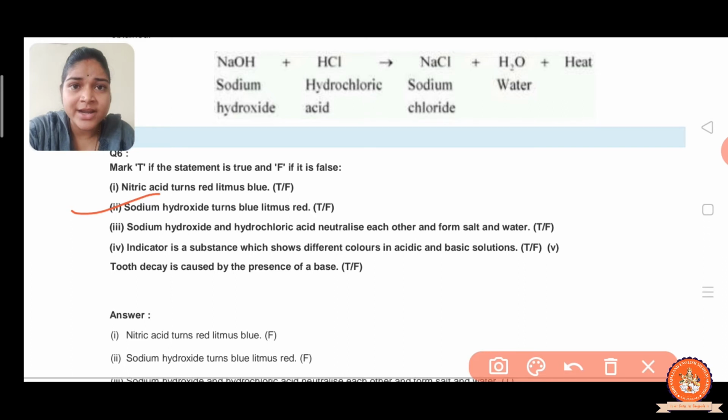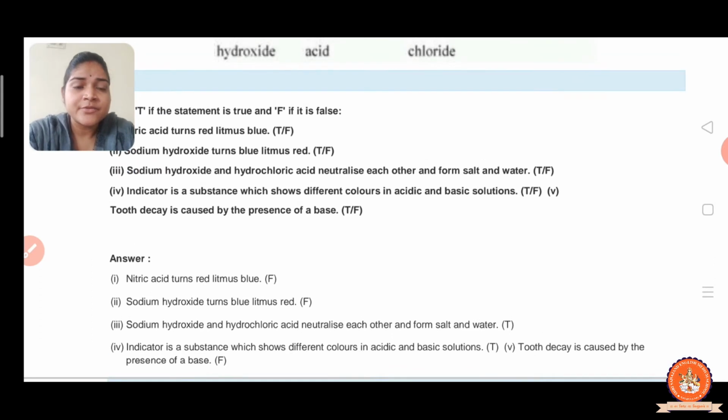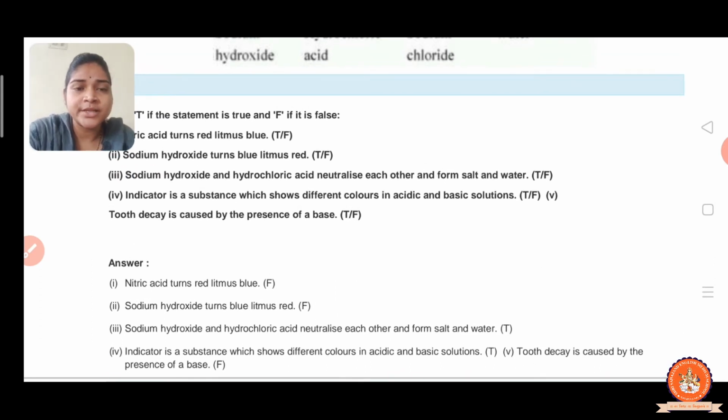You know very well that a basic solution turns red litmus paper blue. But here the question says blue litmus paper turns red. It means the answer is wrong, right? Because sodium hydroxide is basic in nature and it turns red litmus paper blue. But here the question gives the opposite. So the answer is wrong, again false.